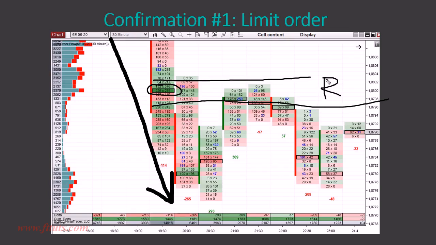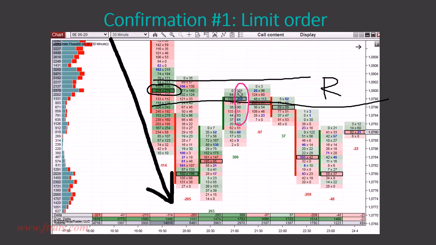Not particularly a strong resistance zone, but let's say that you want to participate in a downtrend and you are waiting for some confirmation in this resistance area.